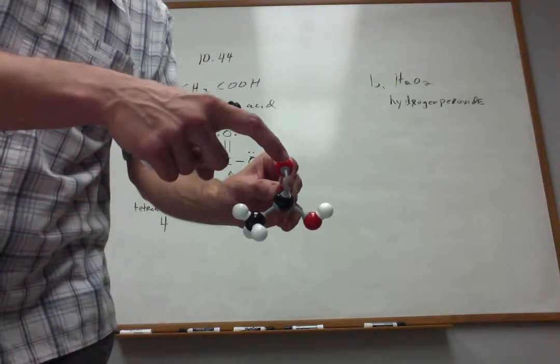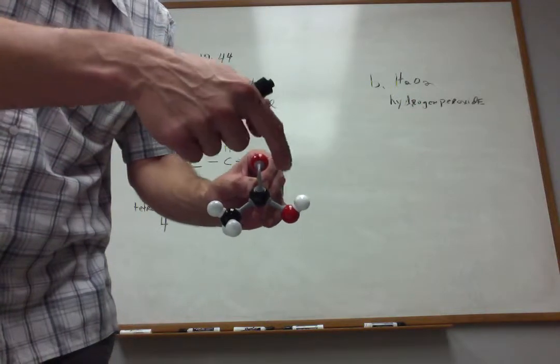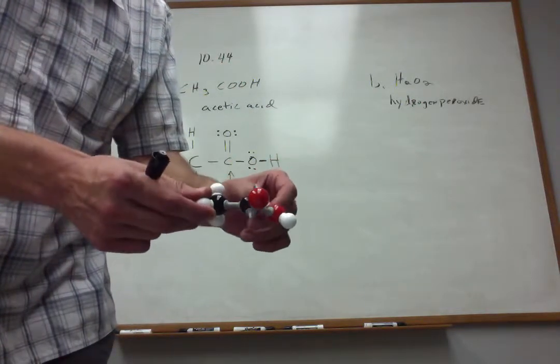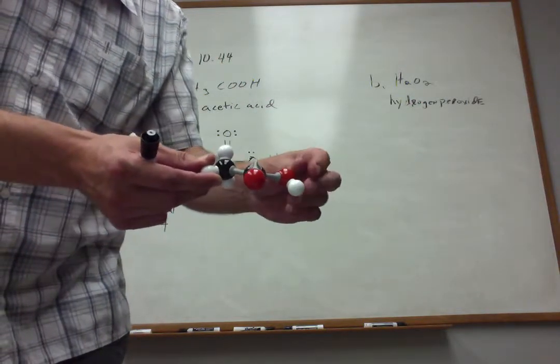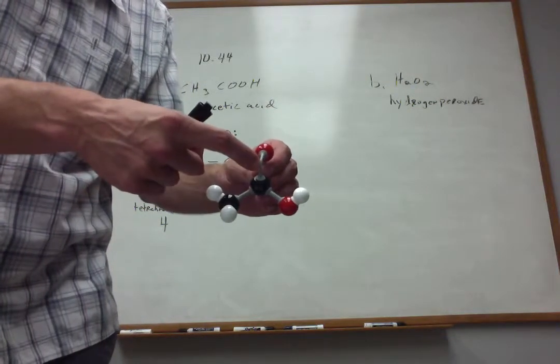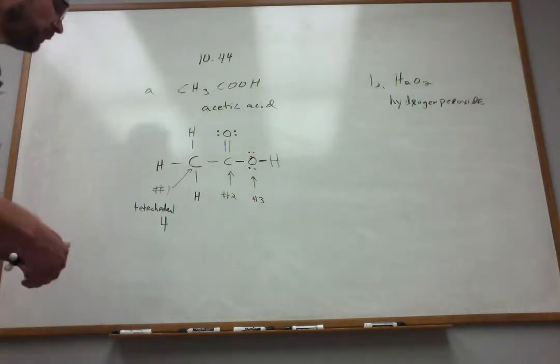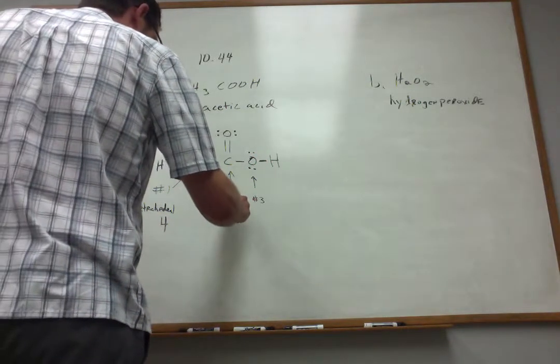Well, 1, 2, 3 points. That kind of looks like a triangle, right? They all lie in the same plane. So can't we call the geometry here 3 bonding pairs, 3 regions of electron density, or 3 bonding regions, I should say, can't we call that trigonal planar?